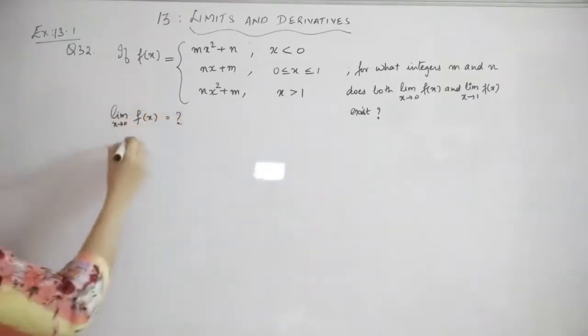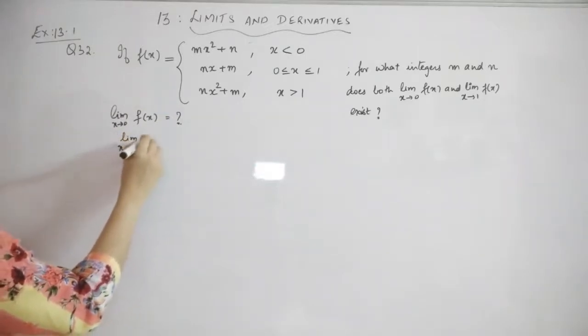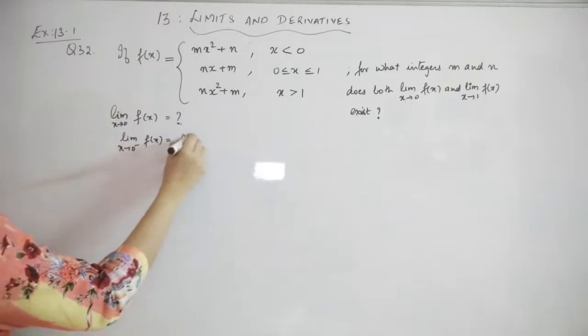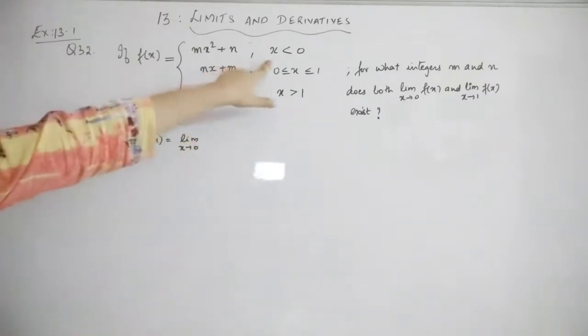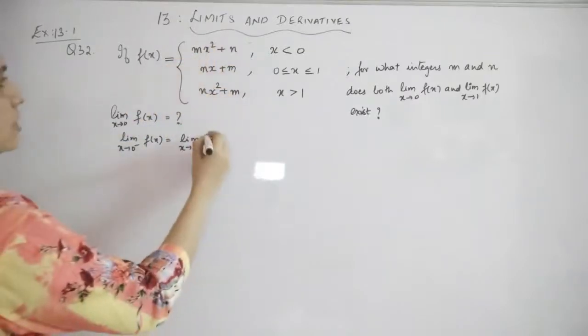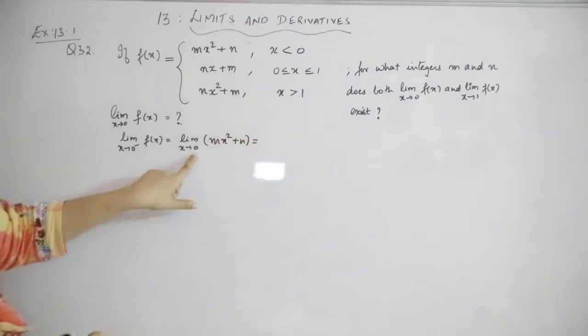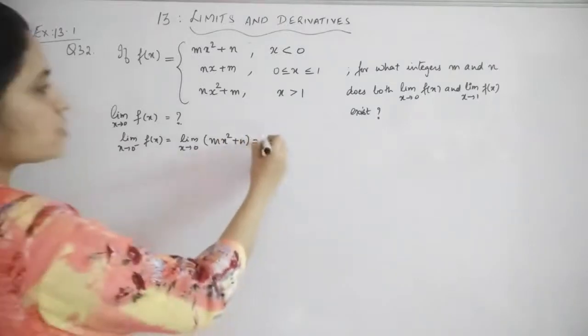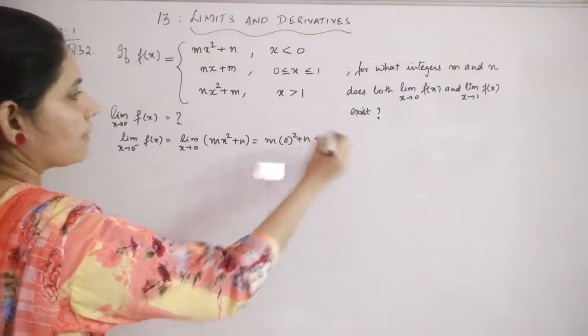Okay. So for that we will have limit x tends to 0 minus f of x, which is equal to limit x tends to 0, where the value is less than 0. So the function value is mx square plus n. Now replace x with 0, you will get m into 0 square plus n, which is equal to n.